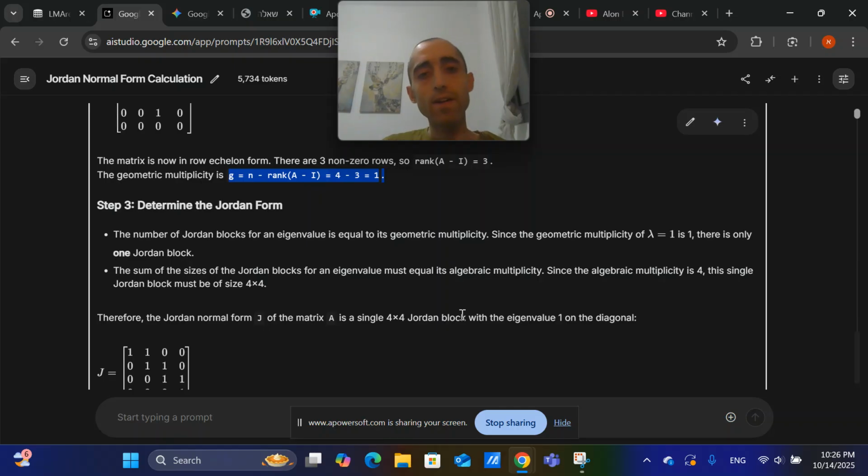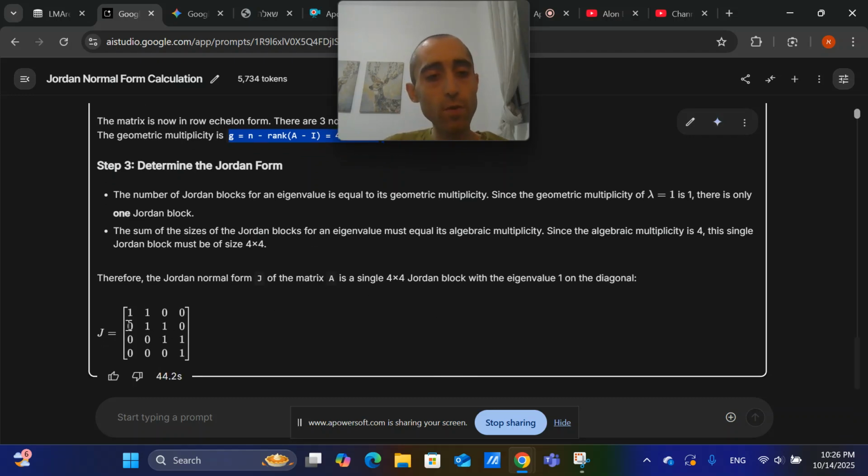Great. Now we can determine the Jordan form, using the geometric multiplicity, which tells us how many blocks of this eigenvalue there are. In our case, the geometric multiplicity is 1, and so we know that there is only one block for this eigenvalue, and also we know that this is the only eigenvalue.